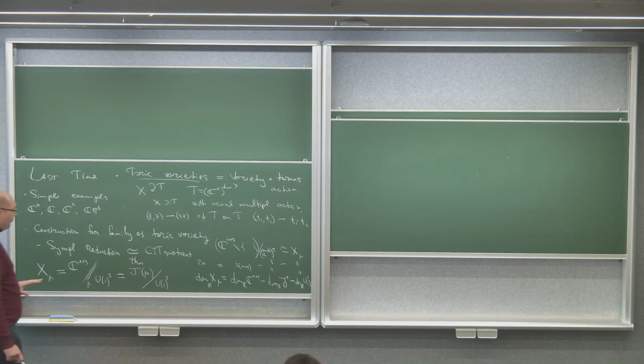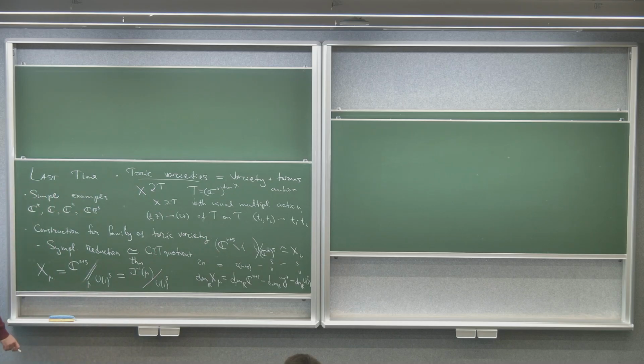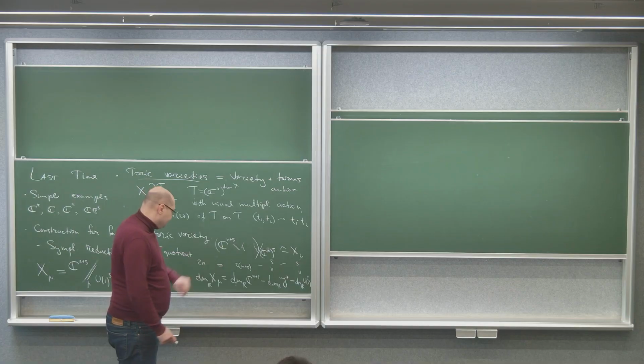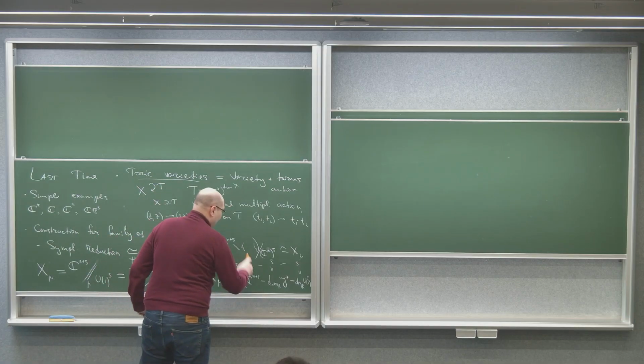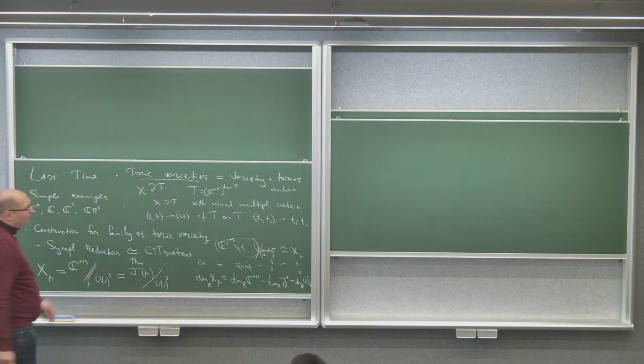I prefer to talk about the symplectic quotient rather than this GIT quotient, because in symplectic reduction the procedure of removing the extra stuff is more straightforward and easier.